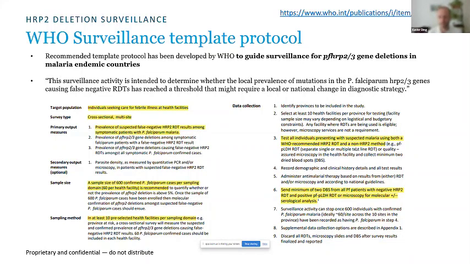And those samples that are negative by HRP2 based RDT but positive by microscopy or LDH test, then you would go on and assess those for deletion by doing molecular analysis and/or serological analysis. And there are recommended protocols to go about assessing deletion. I won't go into details there because of time, but those exist and are recommended protocols.